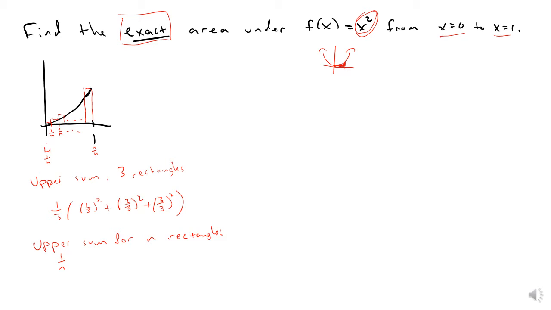What's the height of each rectangle? Well, we take the x value and square it because we're doing f of x equals x squared. All right, so we've got (1/n) squared plus (2/n) squared plus (3/n) squared all the way out to plus (n/n) squared.